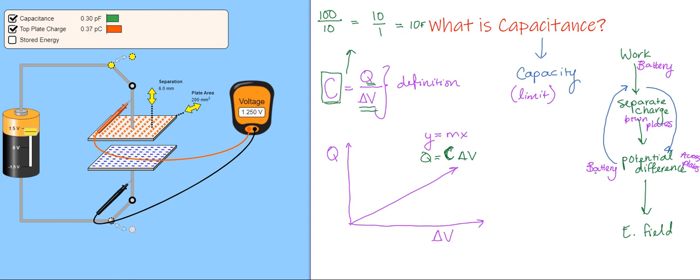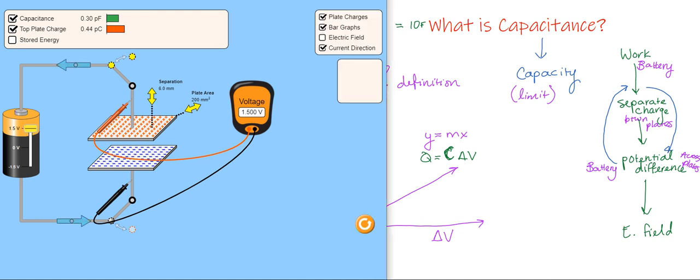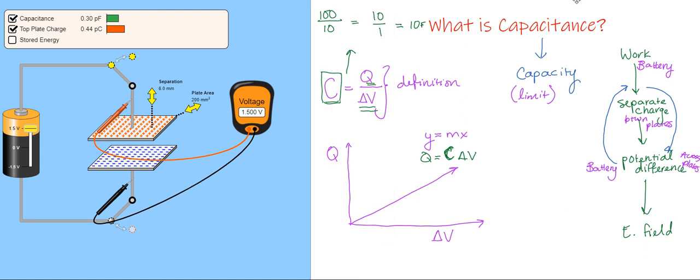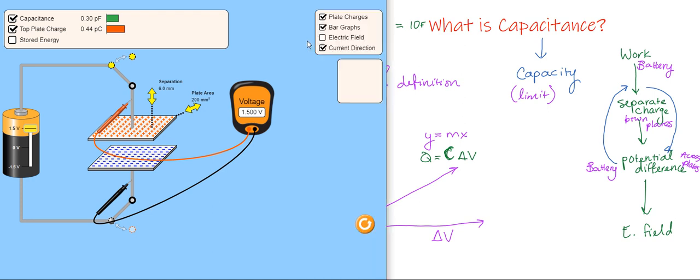The battery establishes the potential difference so it could do work to separate charge from the plates or between the plates, and thereby creates a potential difference across the plates. And the potential difference across the plates matches the potential of the battery when the process is said and done, constructing an electric field, as we will see here if we turn it on, between the plates.